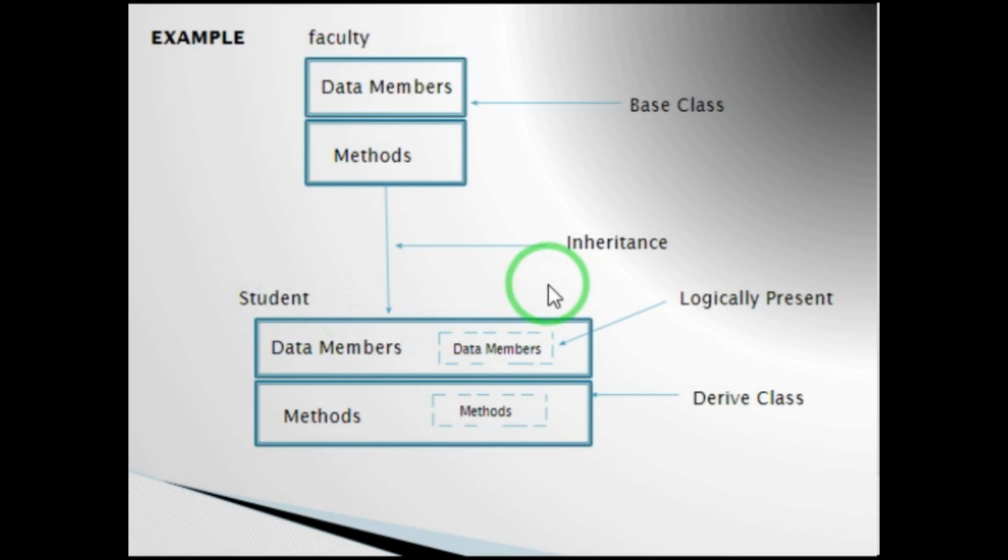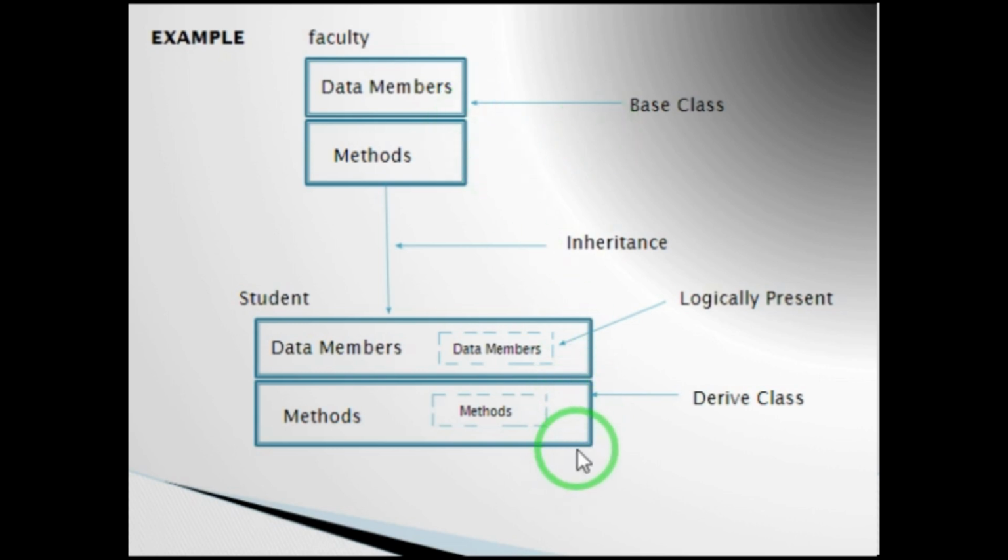Whenever we use the inheritance concept, this student class is termed as derived class, subclass or child class, and this faculty class is known as base class, super class or parent class. Whenever I use the inheritance concept between these two classes, this is the base class and this is the child class or derived class.